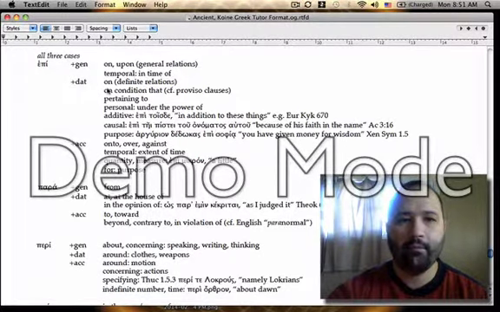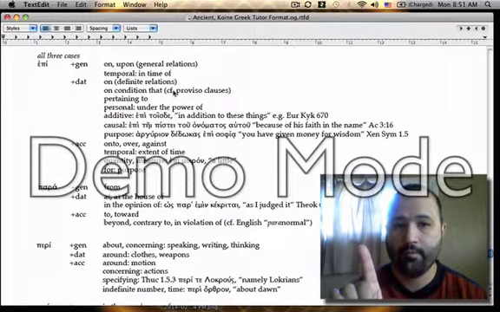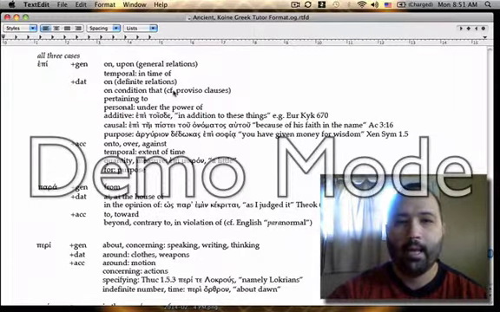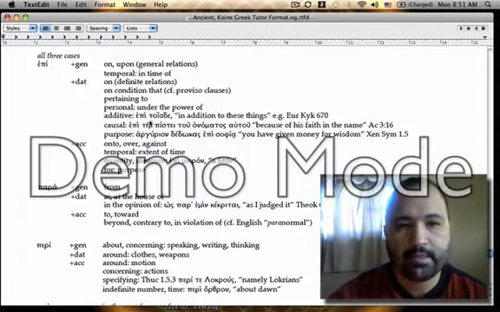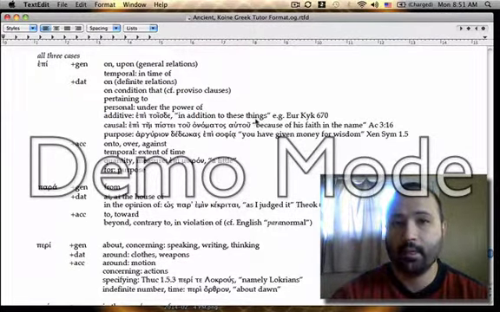It's used with the dative, for example, on a condition that. It's used in many different ways with the dative, pertaining to something personal, under the power of. Additive, for example, if I were to say epi tis the, in addition to these things.